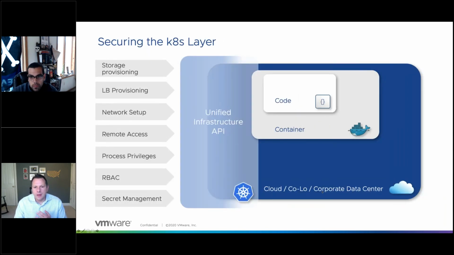Now, the complicated factor here is the Kubernetes layer, this unified infrastructure API. If you think about that Kubernetes orchestration bucket that we've blown up here, it introduces a new set of security risks. It introduces the notion of provisioning load balancers, provisioning the network, provisioning role-based access and secret privilege, allowing remote access in and out of containers.